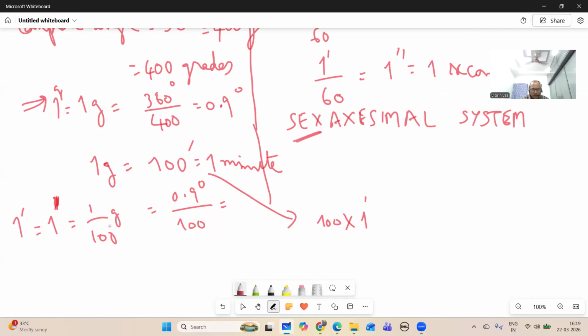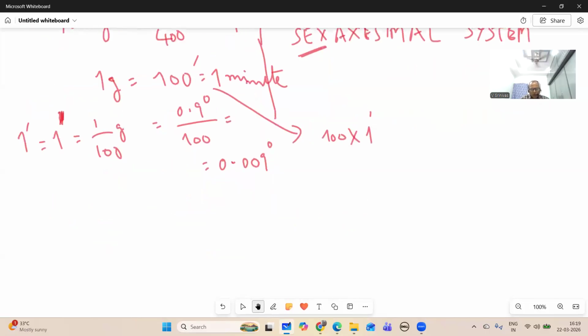Now, how much is one minute? One grade equals 0.9 degrees, so 1 minute is 0.9 by 100, which is 0.009 degrees. Then we introduce seconds also here. 100 seconds make 1 minute.